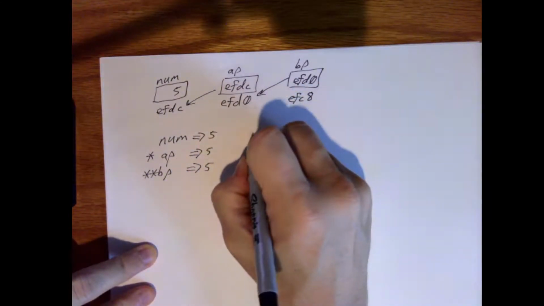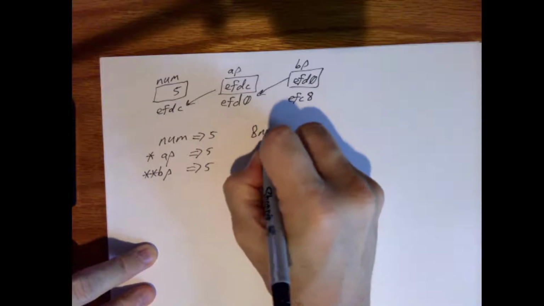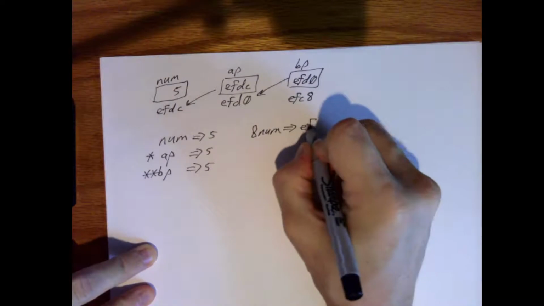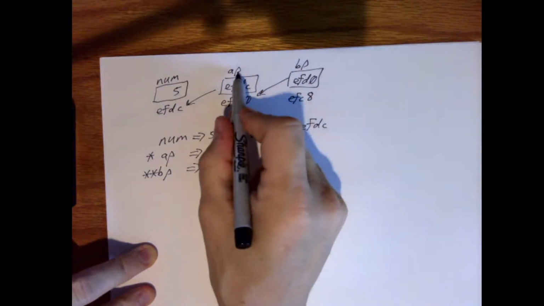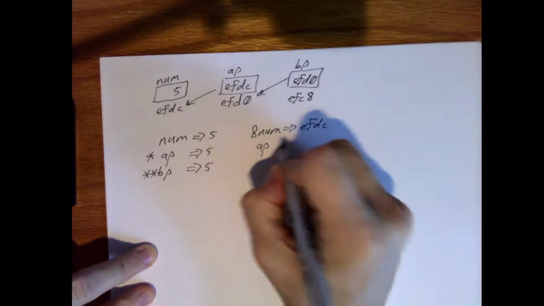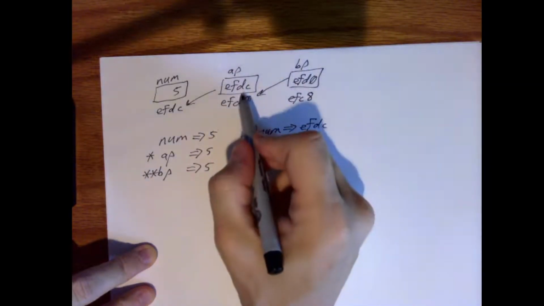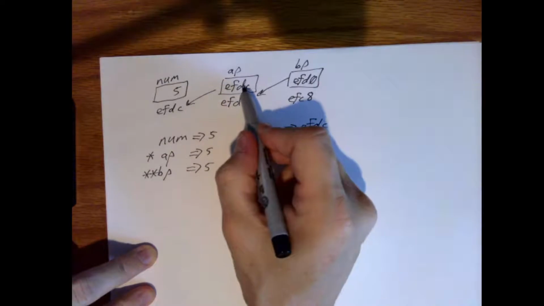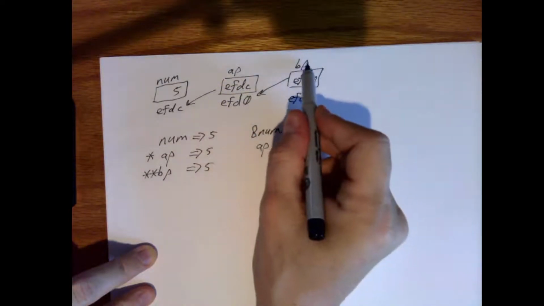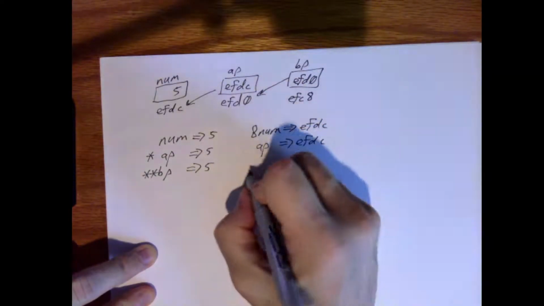When I write ampersand num, we saw that I got EFDC, which is stored in variable AP. And to get what is at address EFD0, which is EFDC, I can dereference BP because it contains that address.